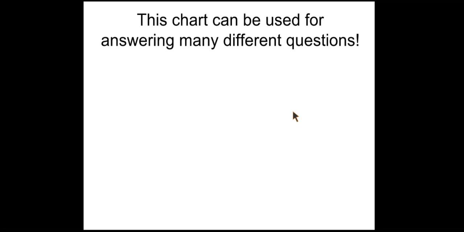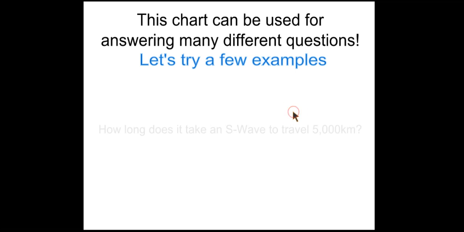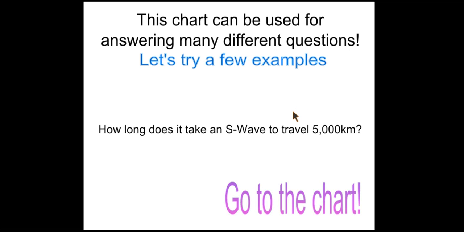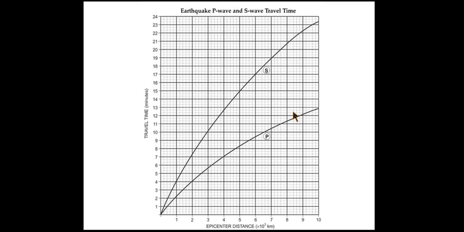Now this chart can be used to answer many different types of questions. So we're going to start with just a few simple examples. How long does it take an S wave to travel 5,000 kilometers? So we need to go back to the chart and 5,000 kilometers. So we want to start at the distance side, right? And there are 2 curves here.